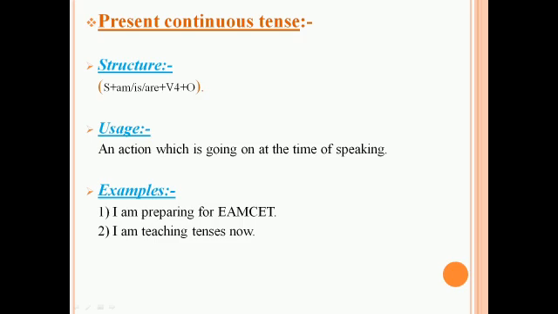We use am when the subject is I. We use is when the subject is he, she or it. We use are when the subject is we, you, they. Example, I am preparing for NEET, you are preparing for NEET, you are preparing for some competitive exams. I am teaching tenses now.